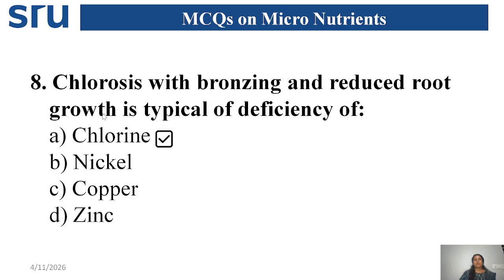Chlorine has a specific role: chlorosis and wilting. The entire plant will wilt because chlorine is involved in water splitting and also maintains the water status of the plant. Without chlorine, the plant suffers from water stress or becomes wilted.